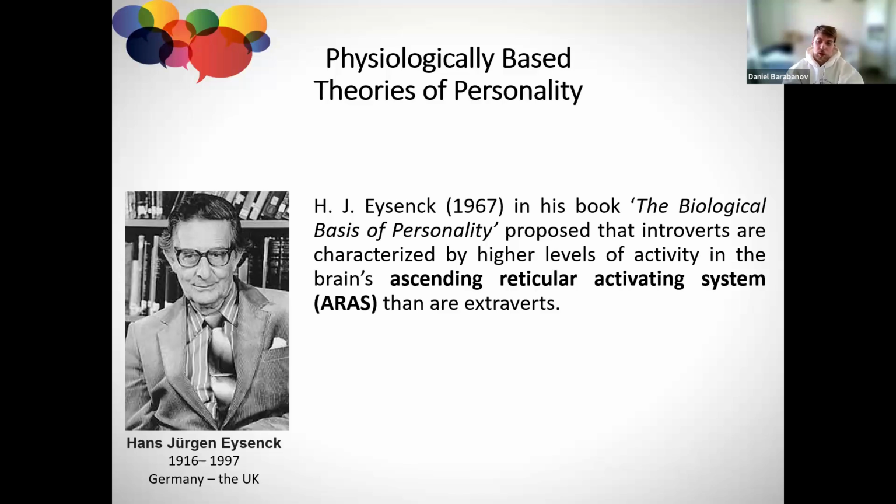And in his book, The Biological Basis of Personality, he decided to connect this idea of optimal level of arousal with the factors of introversion and extroversion. So his idea was that introverts initially have higher levels of activity inside their brain. So they are initially over-aroused. And because of that, they constantly seek activities to diminish this level of arousal.